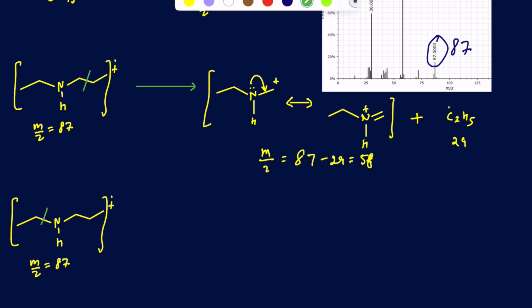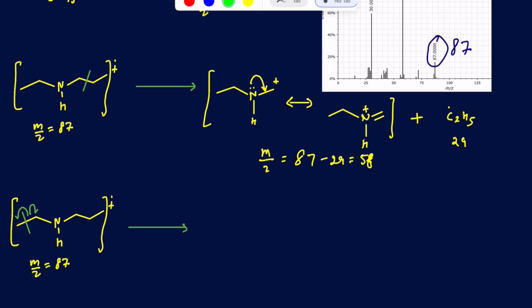If I break it here, I lose 15. Remember, in homolytic cleavage, one electron goes here, and one electron goes there.